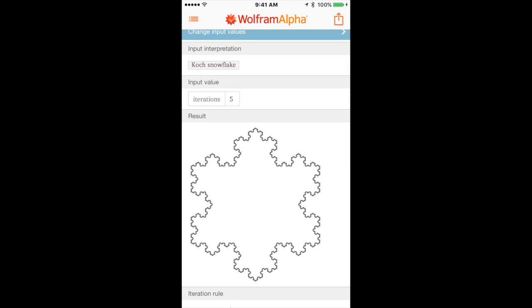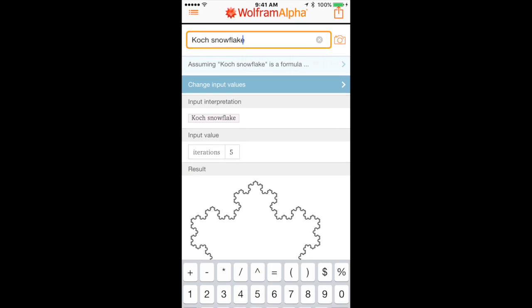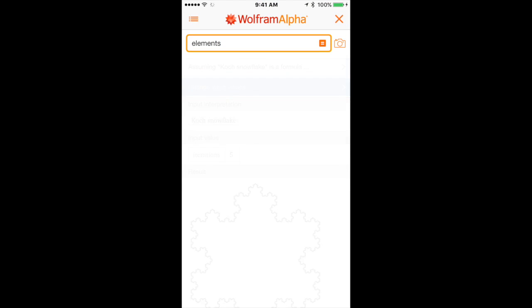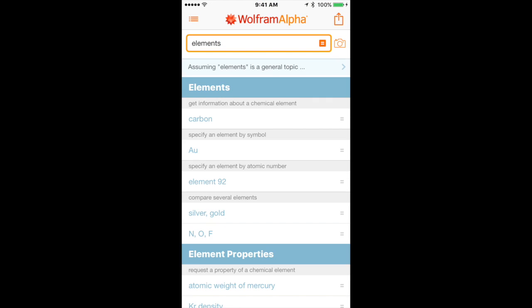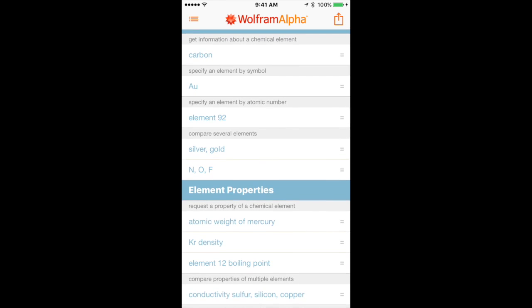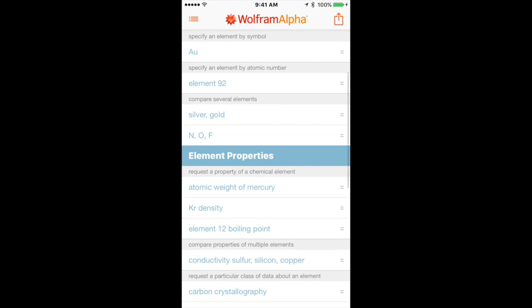It will change the snowflake, or you can ask it something like, what are the elements? And it will give you, that's in chemistry I believe, carbon and gold, silver, the different properties. It will tell you the atomic weight of mercury.